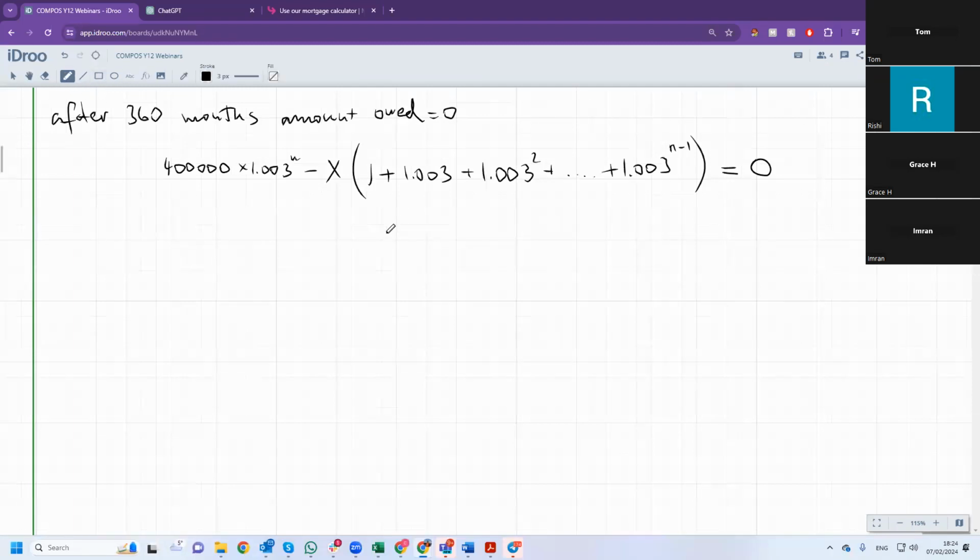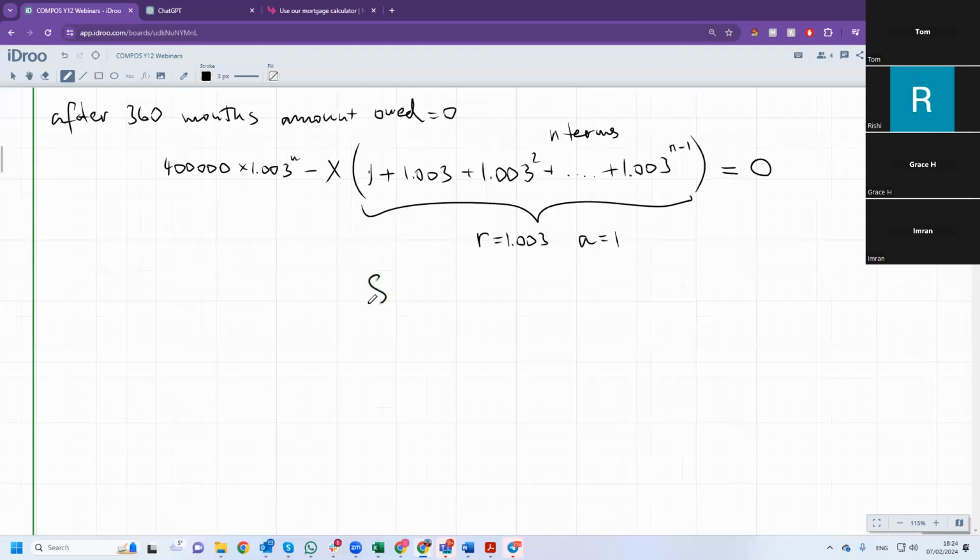And you will notice that this is a geometric series with the common ratio 1.003, and the first term a is 1, and the number of terms is n. Because we start with 1.003 to the power 0 and end with 1.003 to the power n minus 1, so there are n terms.